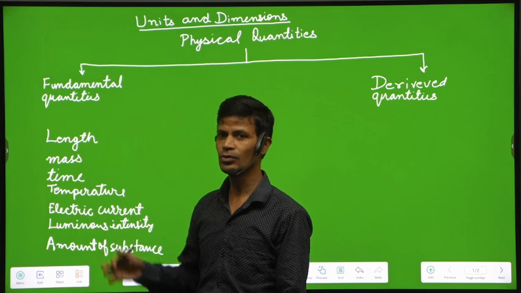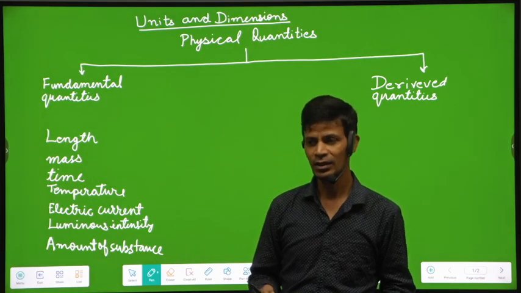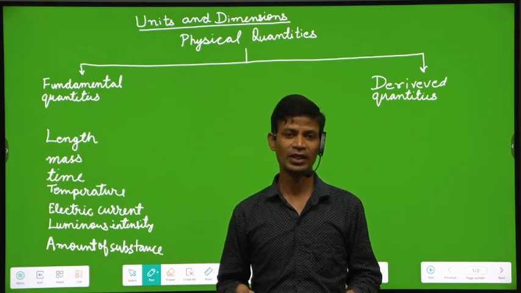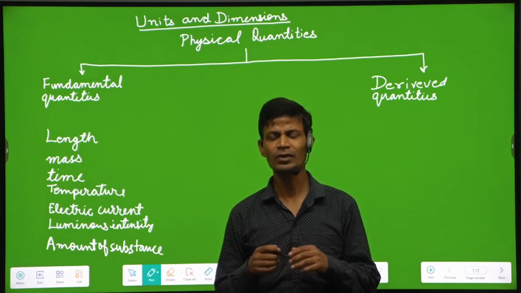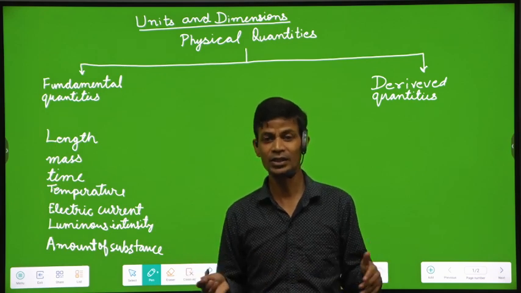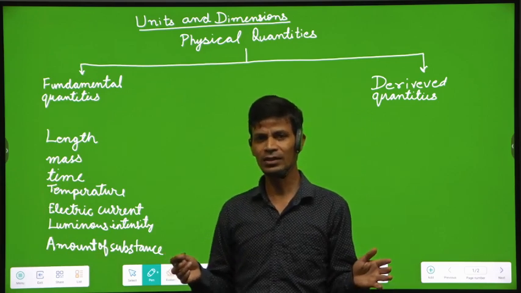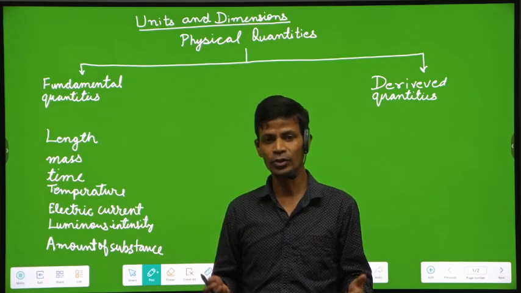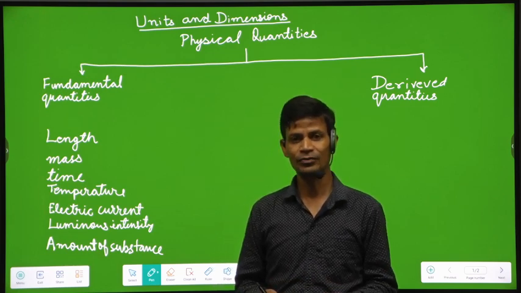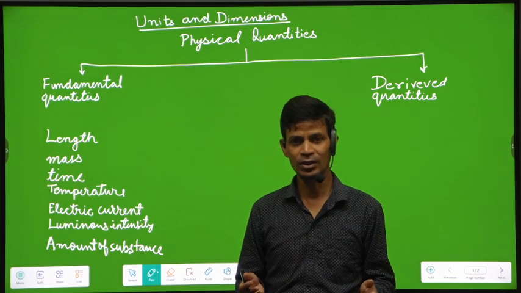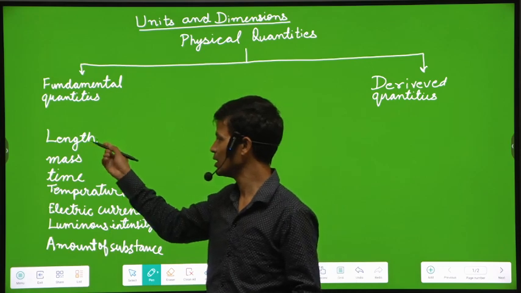So length includes length, breadth, height, depth, radius, diameter, circumference, perimeter, wavelength, and whatever you can imagine, the distance, displacement. So whatever we are going to measure using a measuring tape, to calculate a span between 2 points, will be considered as length.